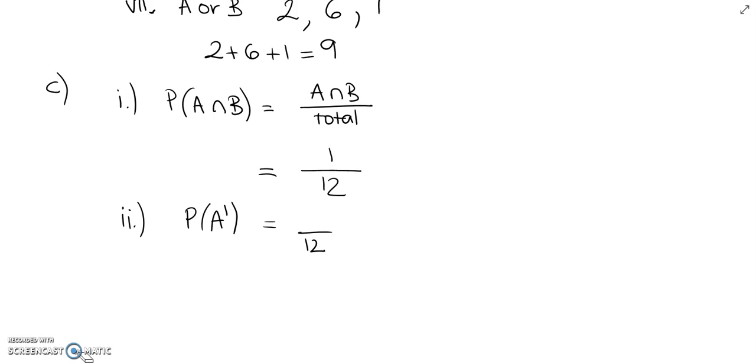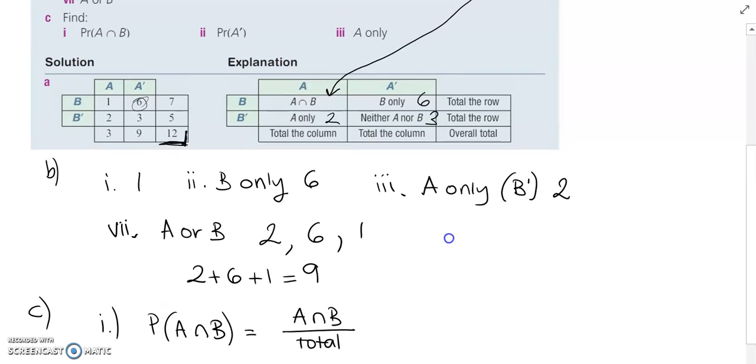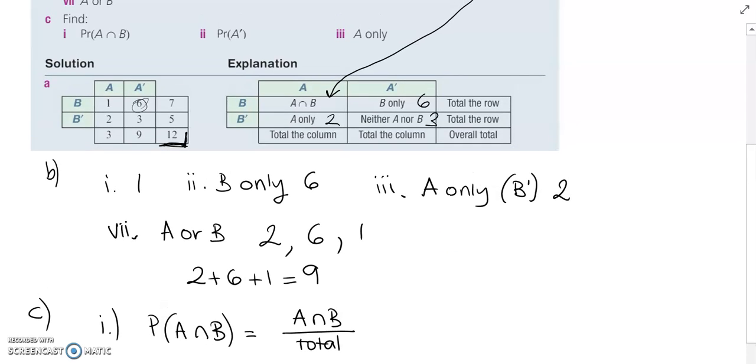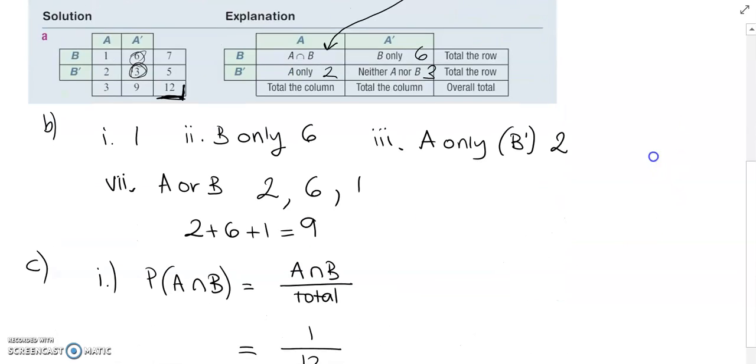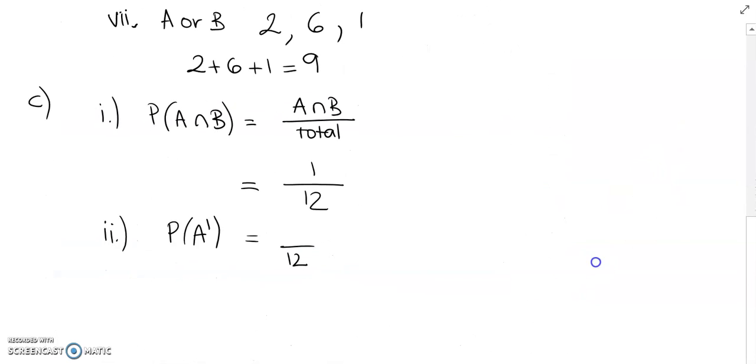The next question is the probability of everything but A. Scrolling back up to my table, in my everything but A column, I have 6, but I also have 3. This 3 is outside the Venn diagram, and it excludes what's in A. So 6 plus 3 means I have 9 over 12.